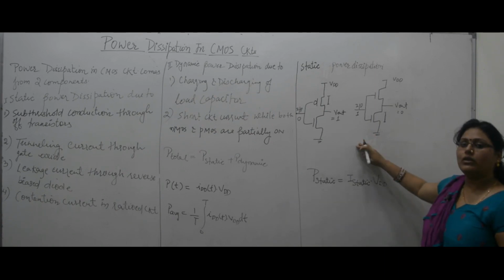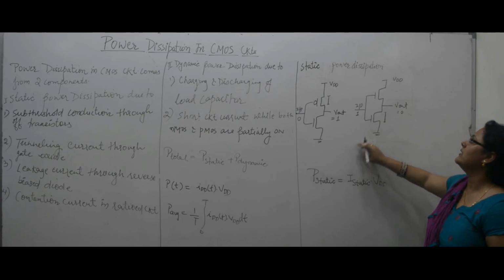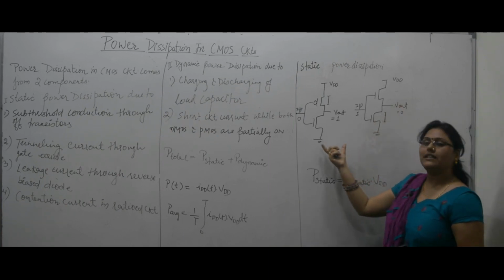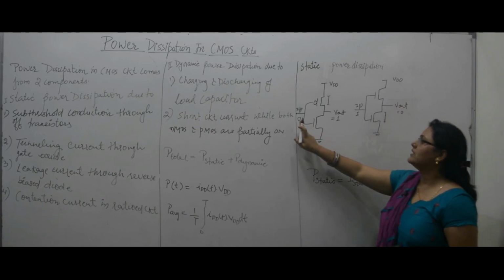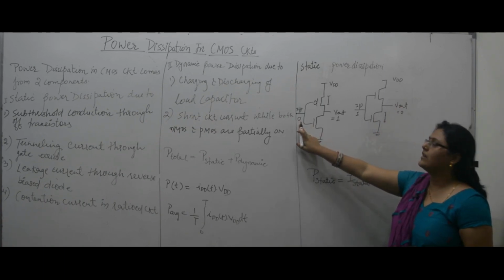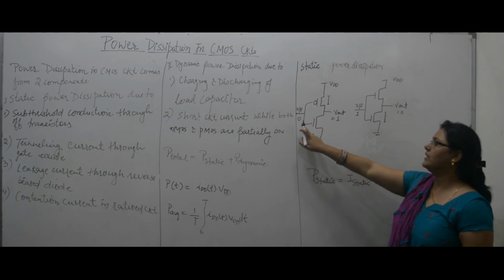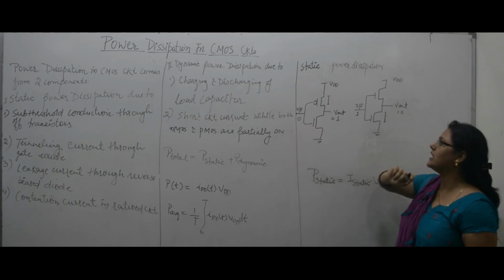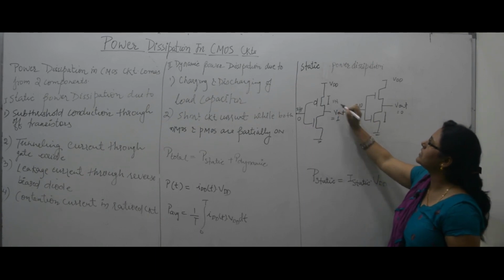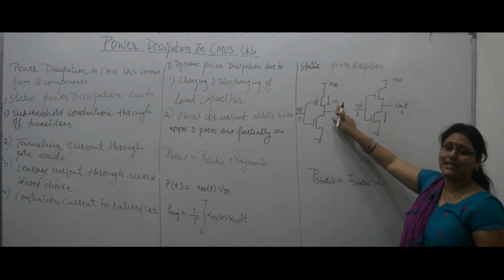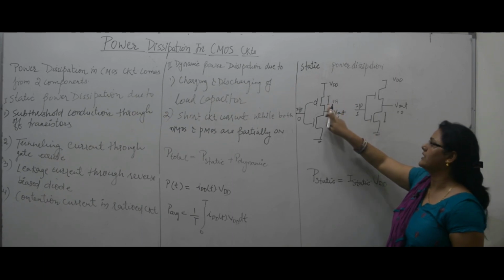Now we will discuss static power dissipation. Considering the static CMOS inverter, suppose the applied input is logic 0. When the applied input is logic 0, the PMOS transistor is in the on condition and is ideally represented by a short circuit.